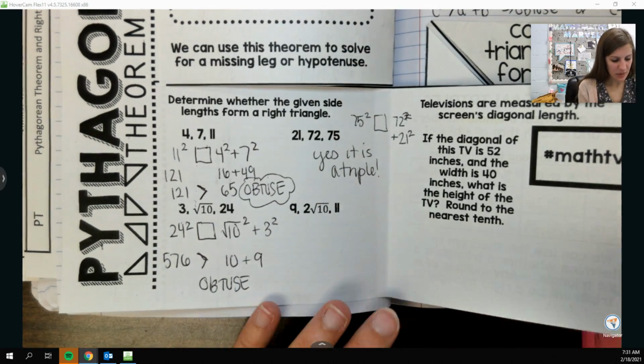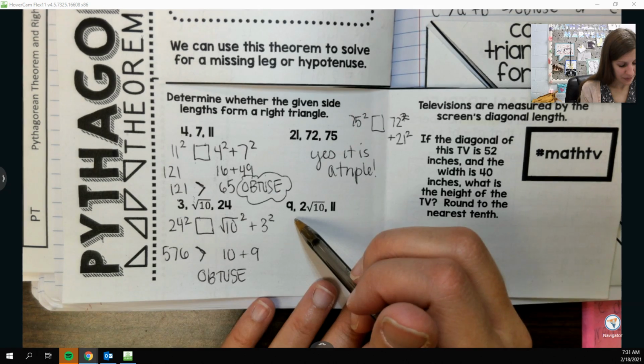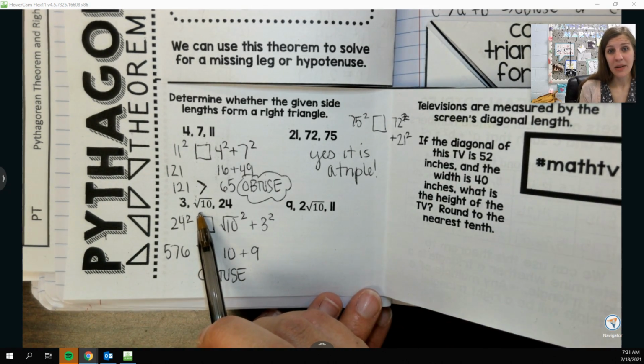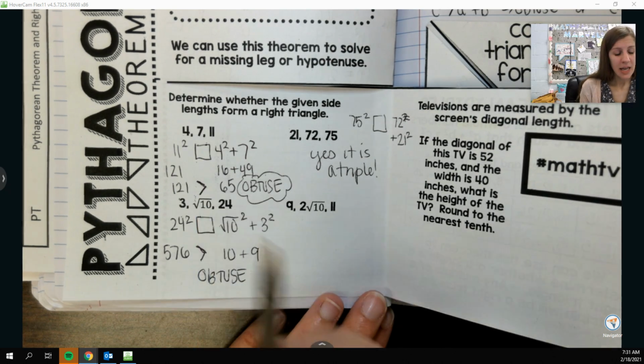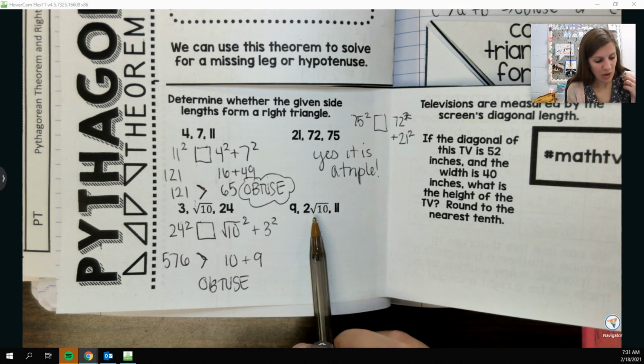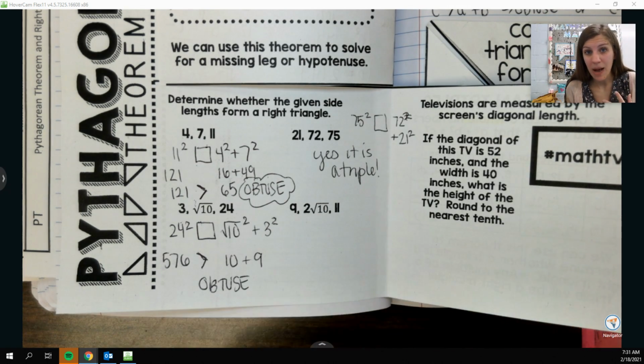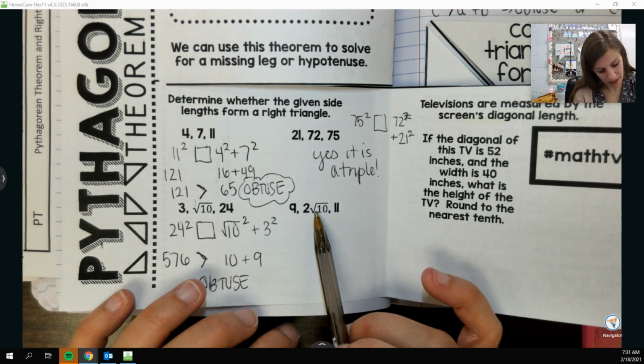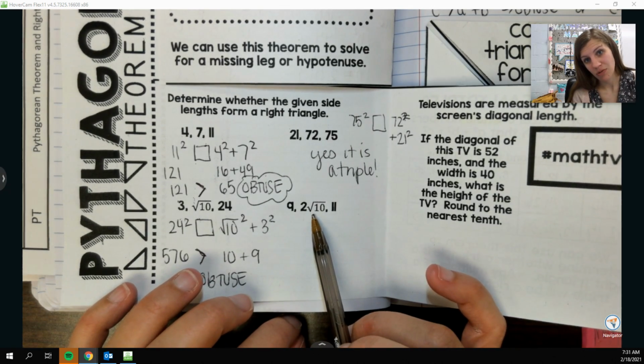And then last but not least, this one here. I should have said too, like the square root of 10, I knew wouldn't be bigger than 24 because that's like 3-ish, because the square root of 9 is 3. But I'm thinking about that over here when I'm trying to determine what my potential hypotenuse is. Now, I think it's probably 11, but I should think about what is 2 root 10.